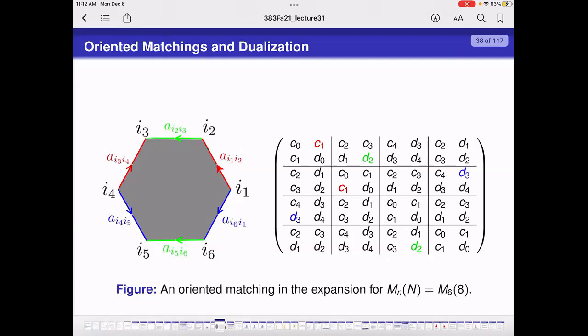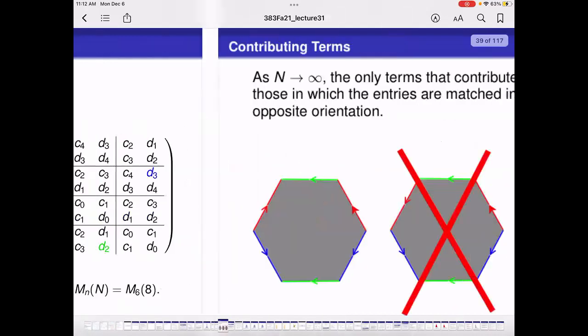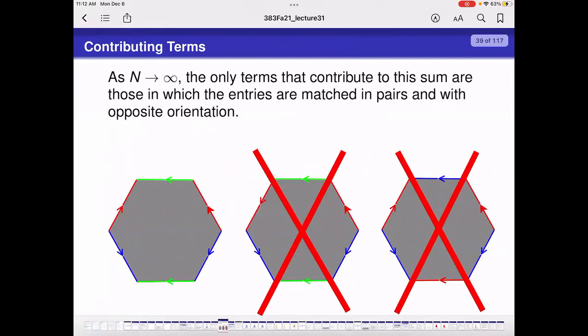But for this particular example, all of the matchings have 1 on bottom and 1 on the top. It turns out that if you ever have 2 that are on the same side of the main diagonal, it doesn't contribute. The only ones that contribute are when they are on the opposite sides.